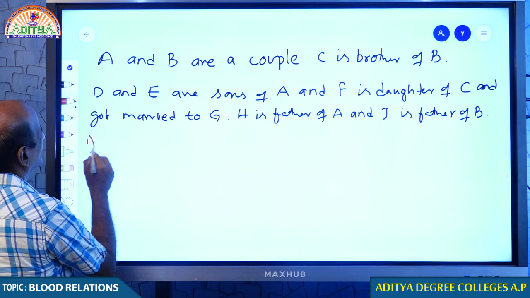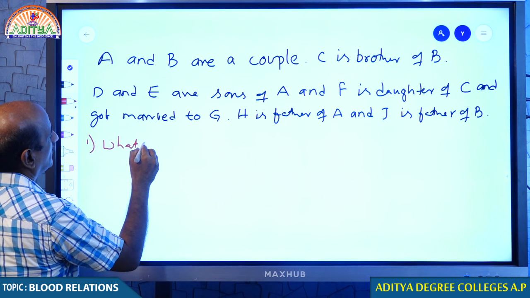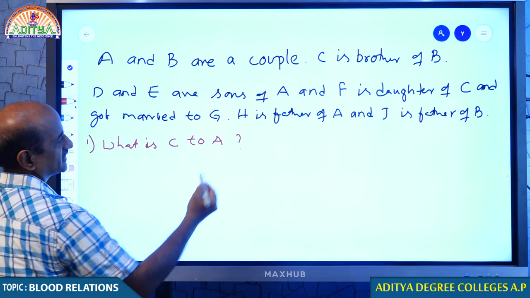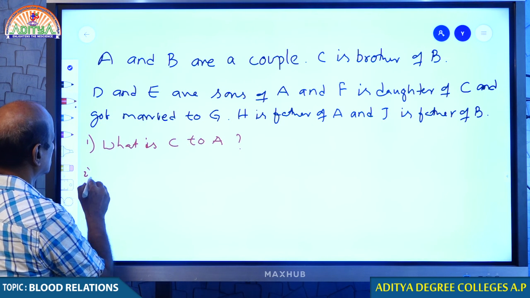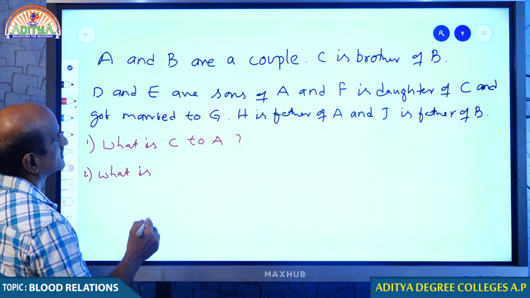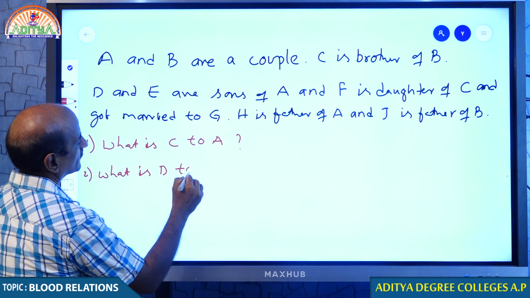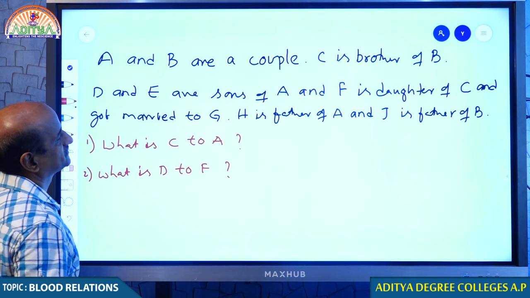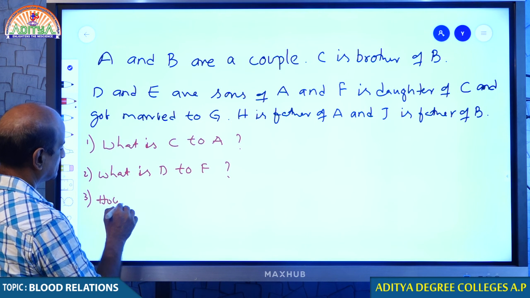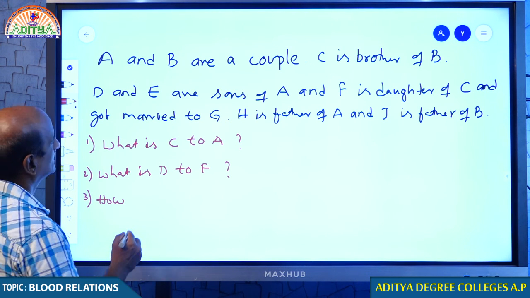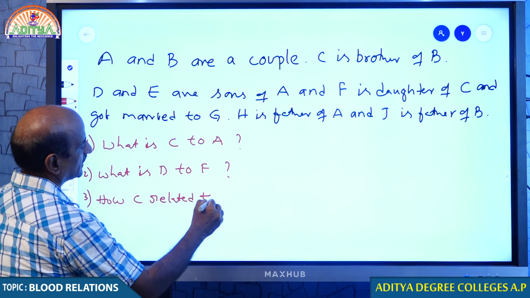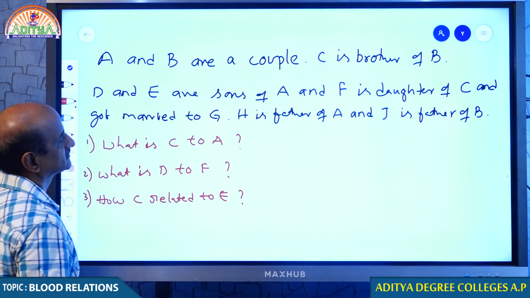Question number 1. What is C to A? Okay, students. Now, question number 2. What is D to F? Right, students? Question number 3. How is C related to E? Okay.